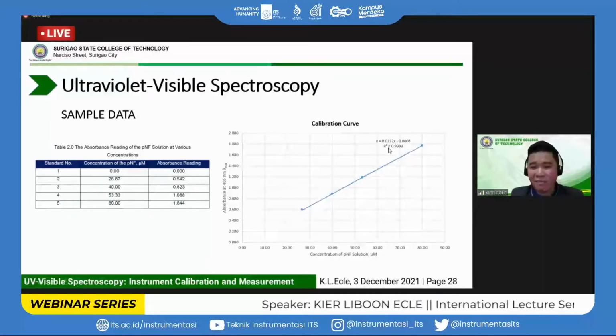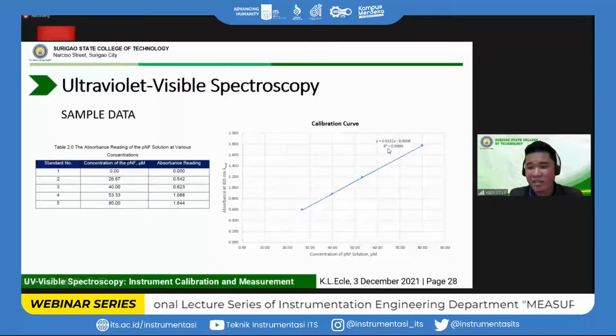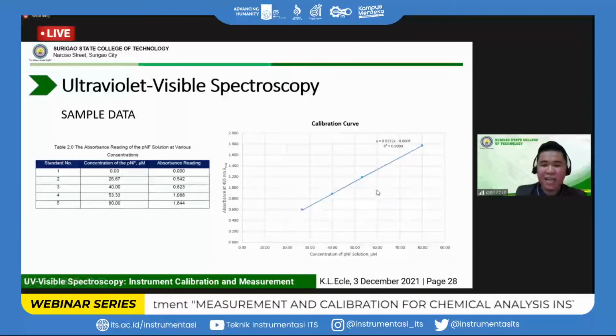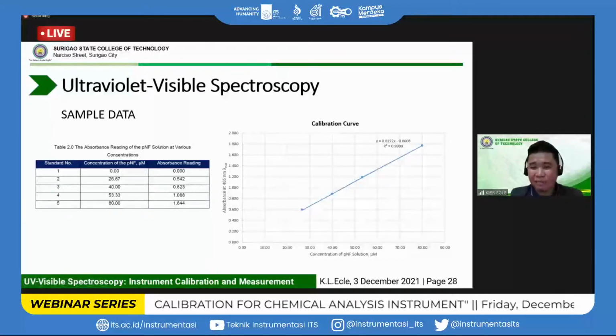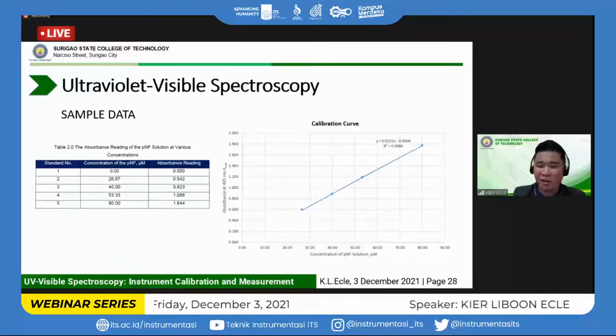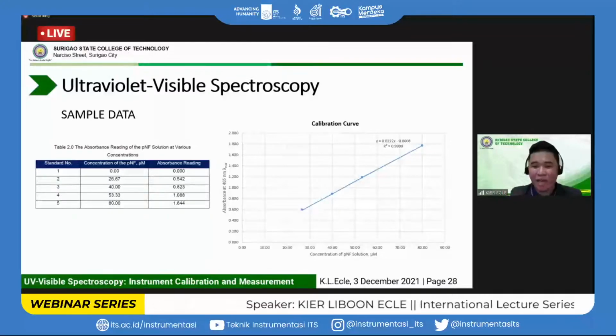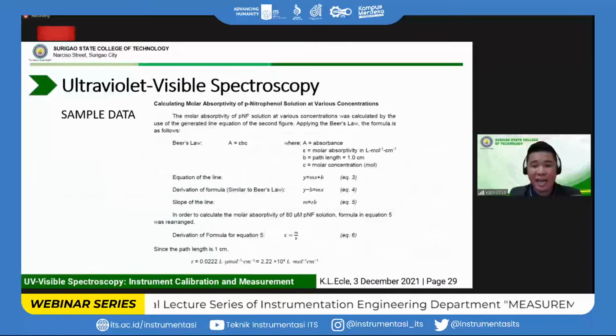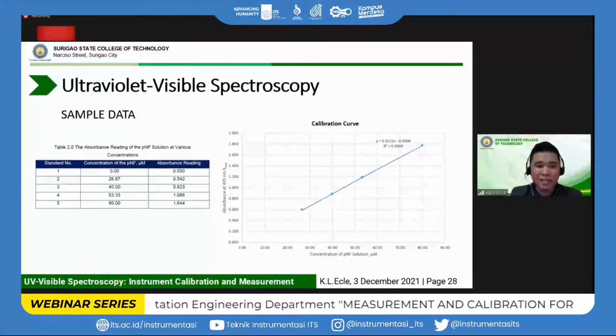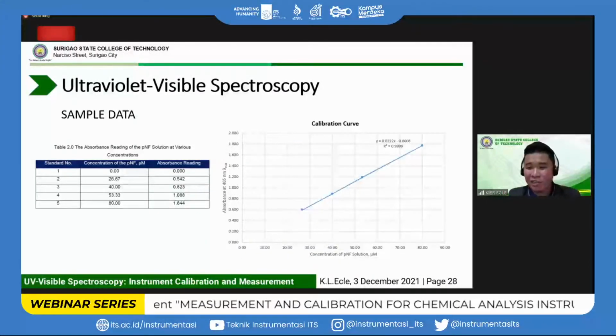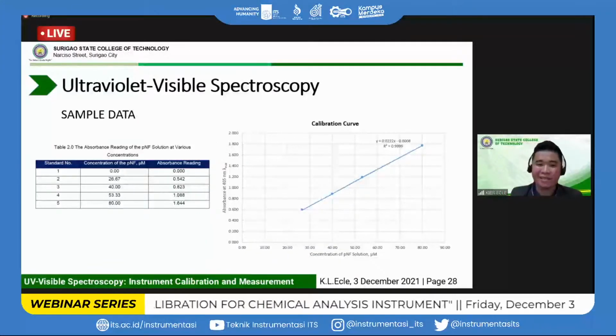As you can see in the calibration curve, the coefficient of determination is equal to 0.9999. So there is only a small percentage of error that happened during the calibration of the instrument. In calculating the molar absorptivity, you will use the line equation y equals mx plus b, which is similar to Beer's law.